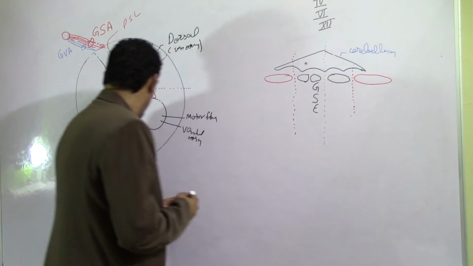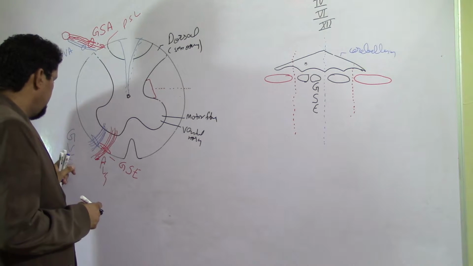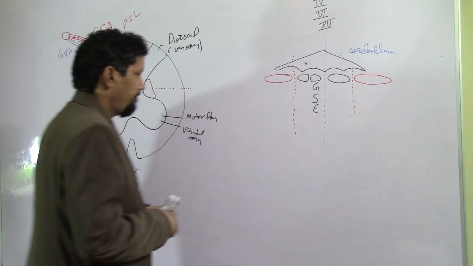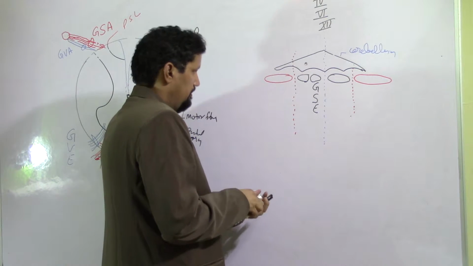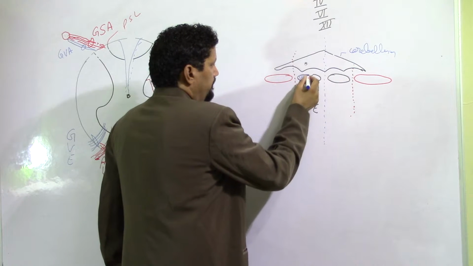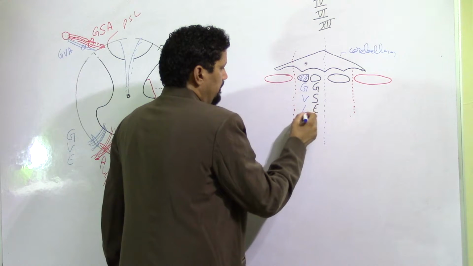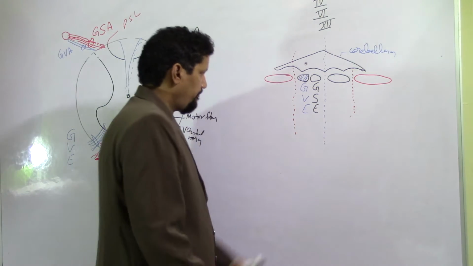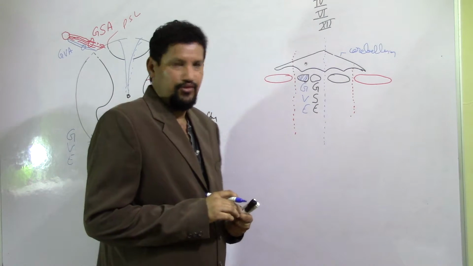Now lateral to the general somatic efferent, here is the general visceral efferent. This general visceral efferent is also known as parasympathetic outflow.